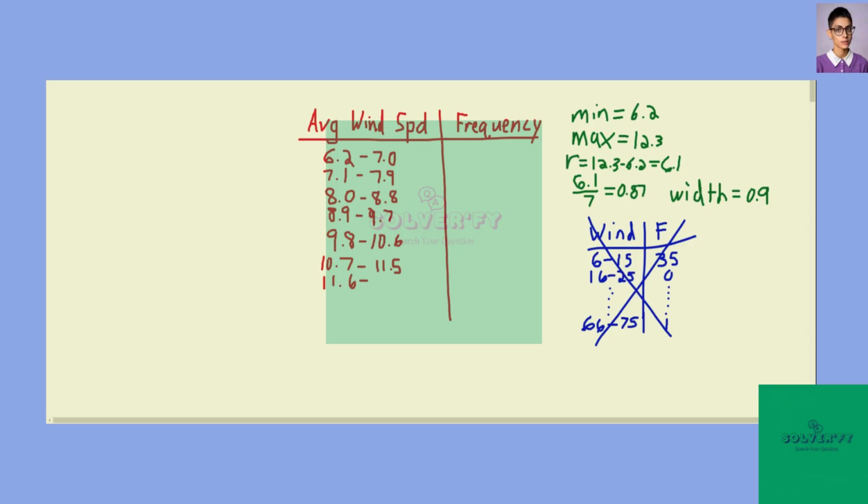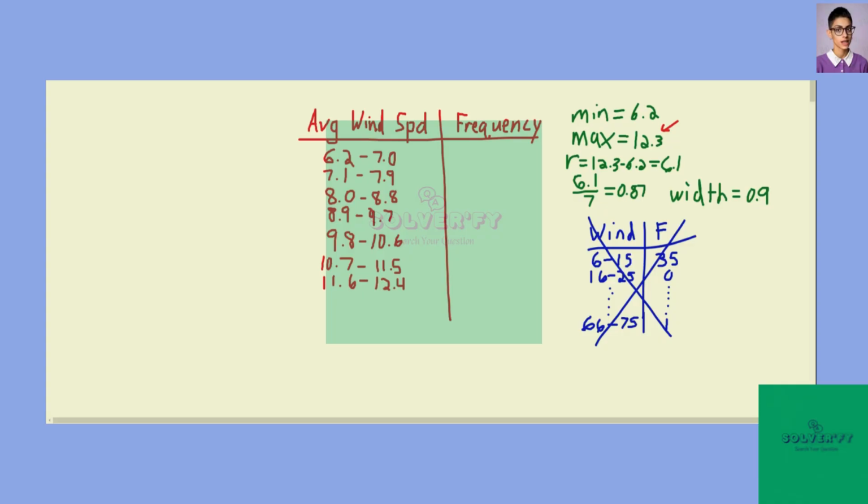And this last class needs to include our outlier. So normally this would go up to 12.4. The only reason I want to write that in is we want to make sure that our maximum would normally be included in that class. So our maximum of 12.3 would fit into that class, so we have set it up correctly.